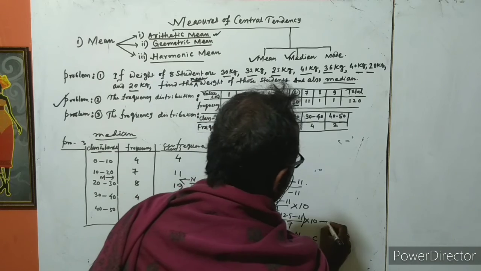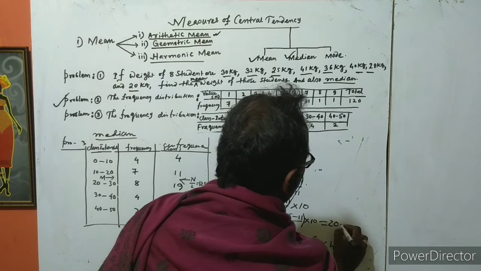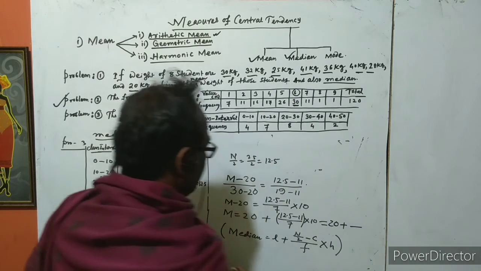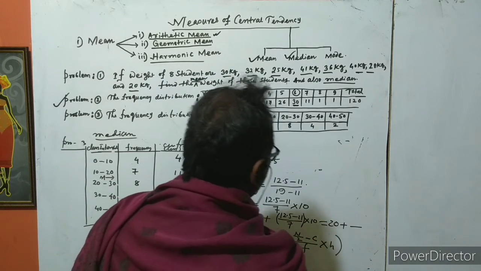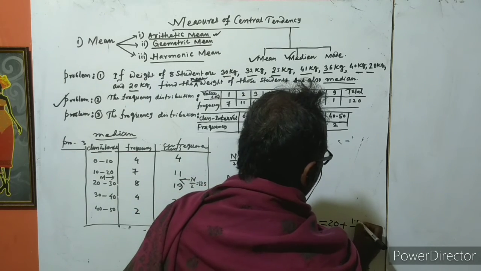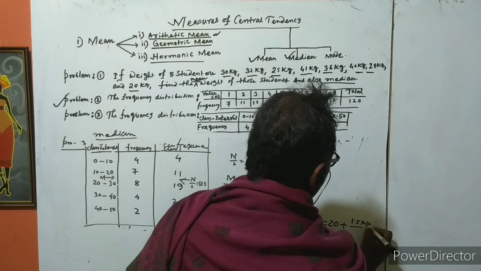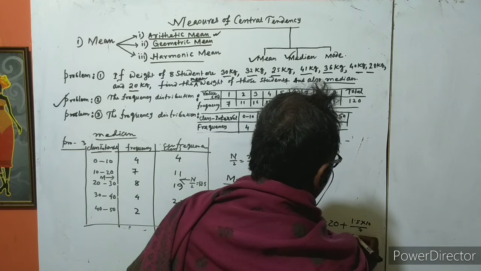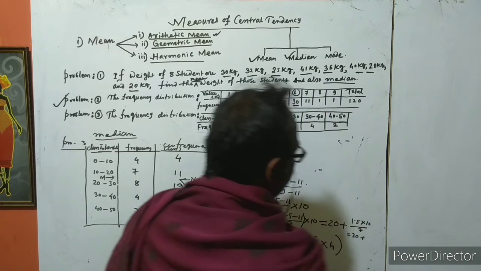So this is equal to 20 plus 12.5 minus 11, that is 1.5, into 10 by 7. So you get 20 plus 15 by 7.